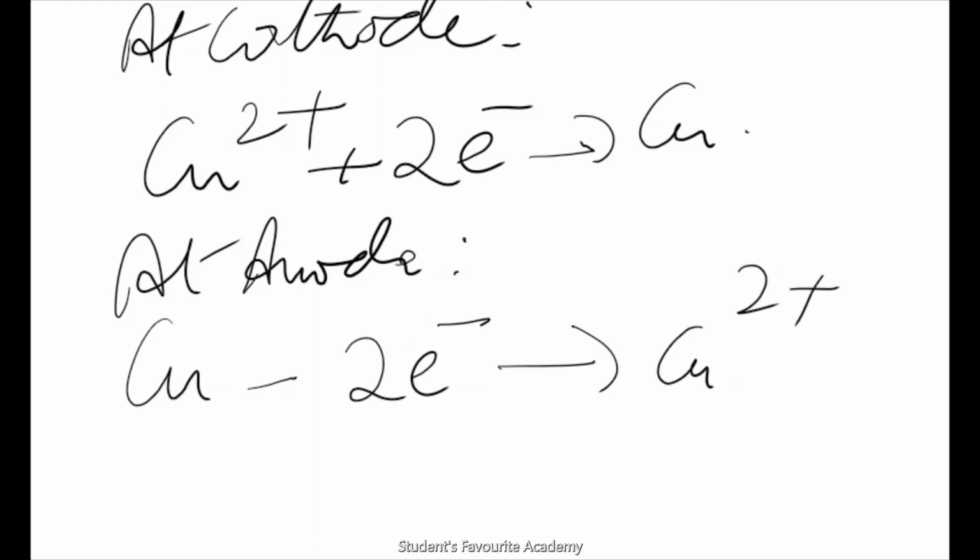These Cu2+ ions migrate to the cathode and get deposited on the thin sheet of pure copper that we have taken, and in this way all the copper from the impure copper gets deposited on the thin sheet of the copper cathode, which becomes thicker and thicker by the end of the electrolytic reaction. In this way, metals are refined using electrolysis.